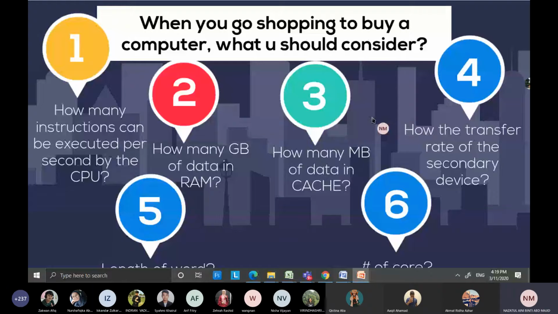So these are the answers. When you go shopping to buy a computer, what should you consider?